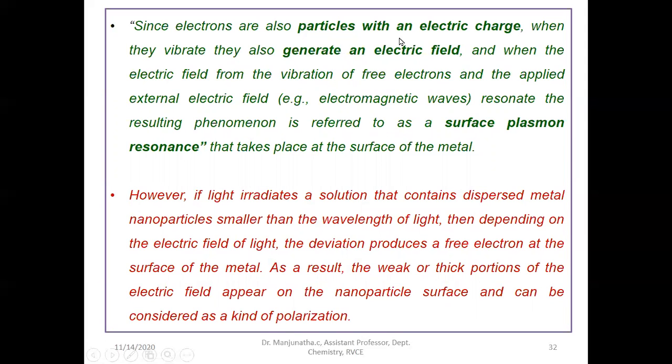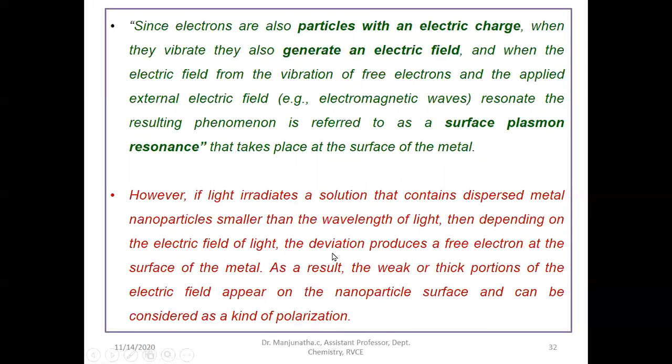Since the electrons are also particles with an electric charge, when they vibrate, they also generate an electric field. And when the electric field from the vibration of free electrons and the applied external electric field resonate, the resulting phenomenon is called surface plasmon resonance that occurs on the surface of the metal.